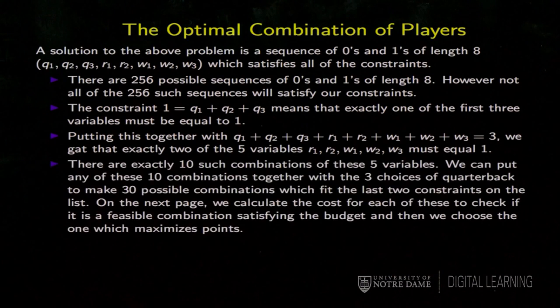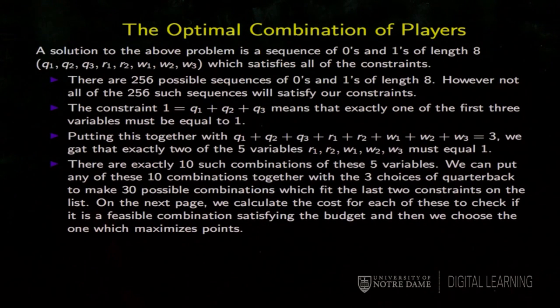So there are exactly 10 such combinations of these latter 5 variables, the R's and the W's, and we can put any of these 10 combinations together with the 3 possible choices of quarterback to make 30 possible combinations of zeros and ones of length 8, which fit our constraints.